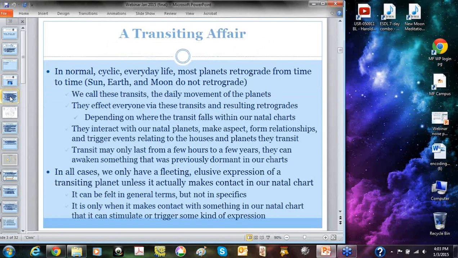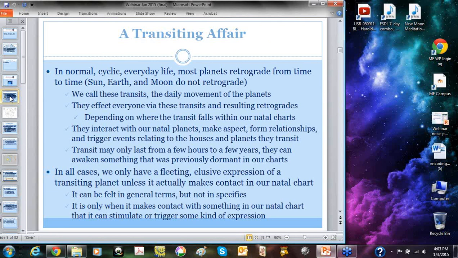We have two different ways that retrograde planets are going to impact us, via transits and also within our natal chart. Our natal chart is a snapshot of the night sky at the exact time of our birth. But the planets didn't really stop, did they? They continued to move slowly across the sky, and their movement is referred to as transits.